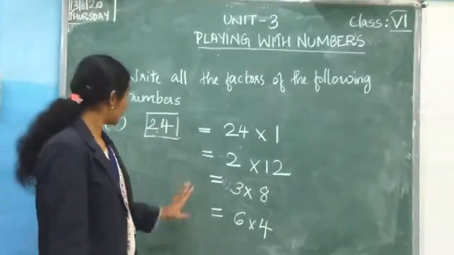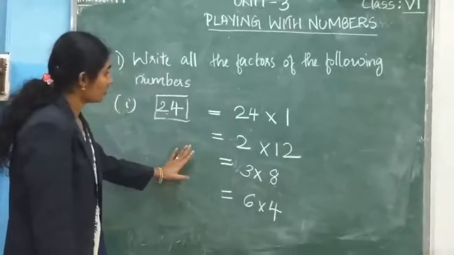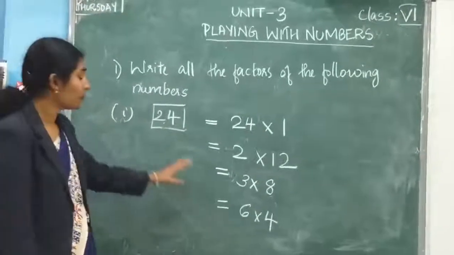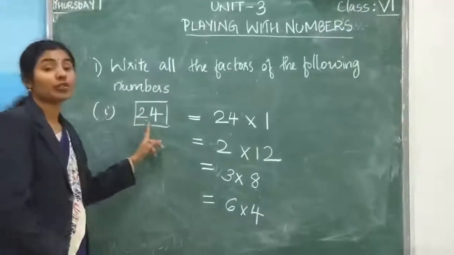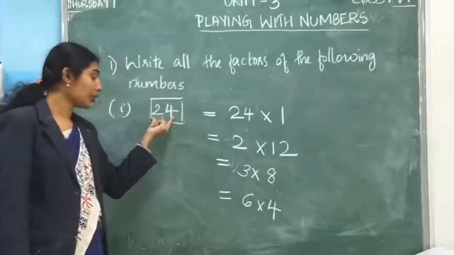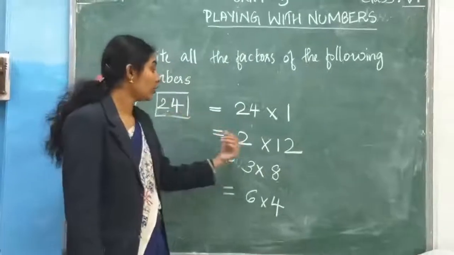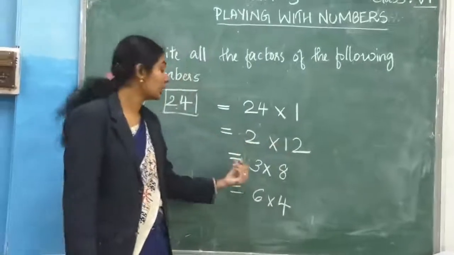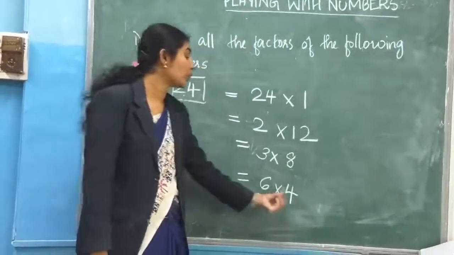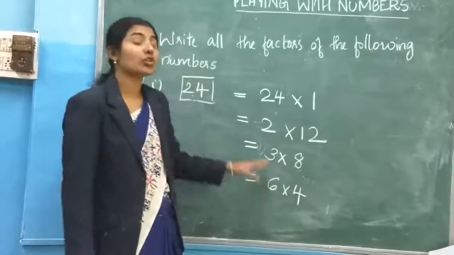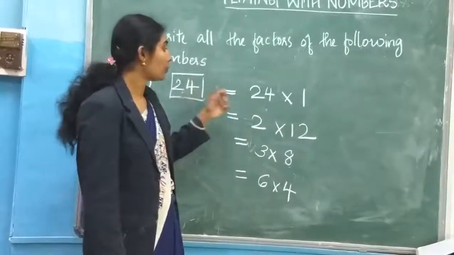Any other answer? Only this much is there. So 24 multiplied by 1 gives 24, 2 twelves are 24, 3 eights are 24, 6 fours are 24.